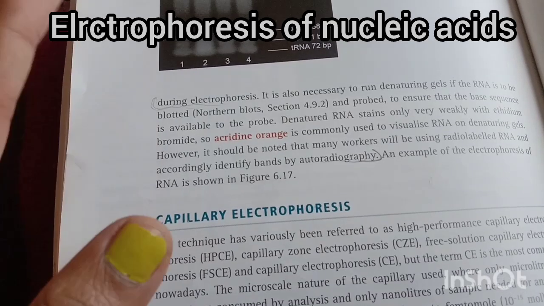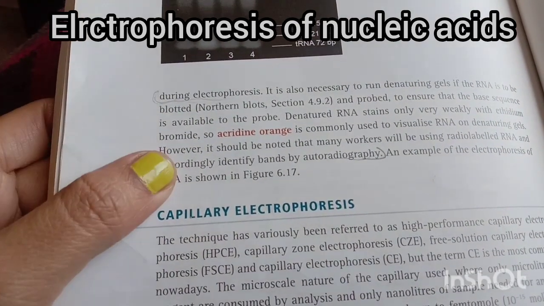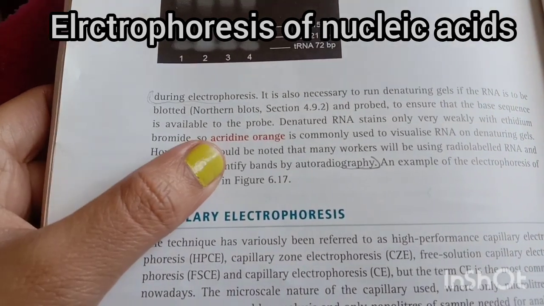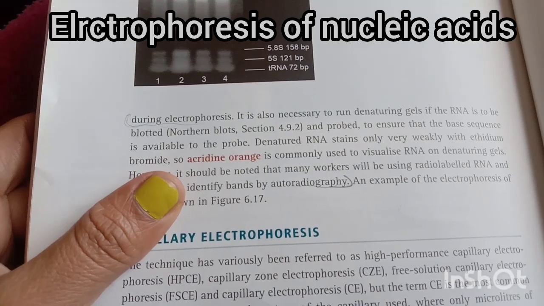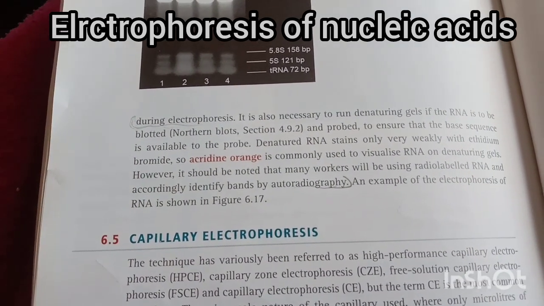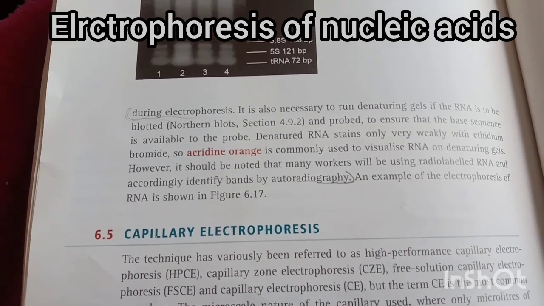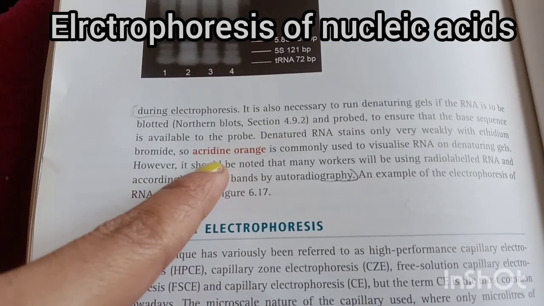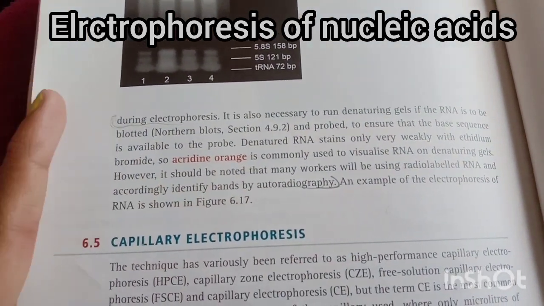Denatured RNA stains only very weakly with ethidium bromide. So we can also use acridine orange, which is commonly used to visualize RNA on the denaturing gel. If we use denaturing agents like glyoxal, we can use acridine orange in comparison to ethidium bromide stain.